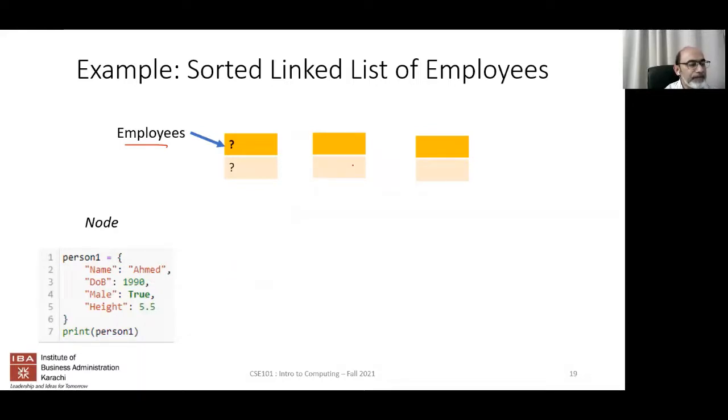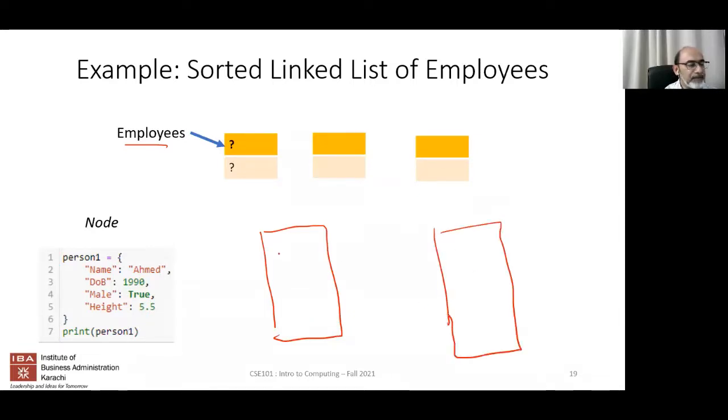So if you have a linked list with different nodes, here's node person 1, here's person 2, and so on. How would this be organized? Now we're separating out the linked list from the actual nodes.